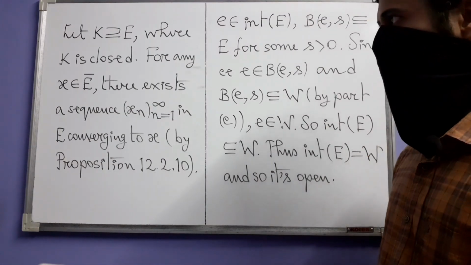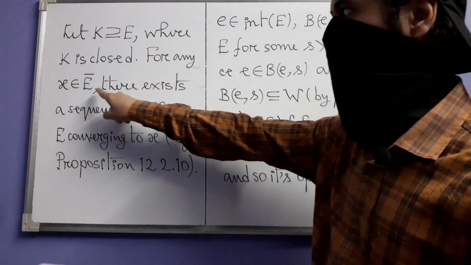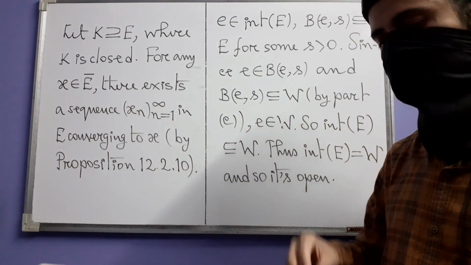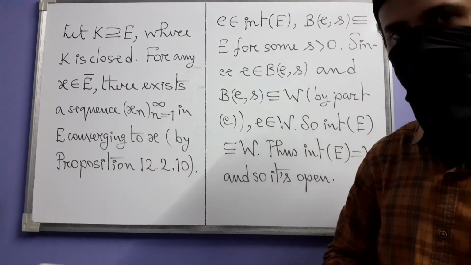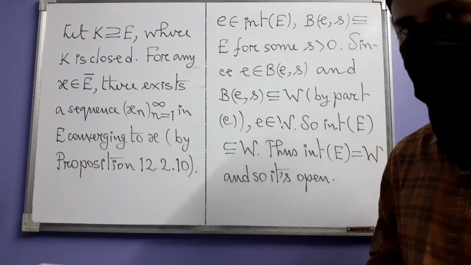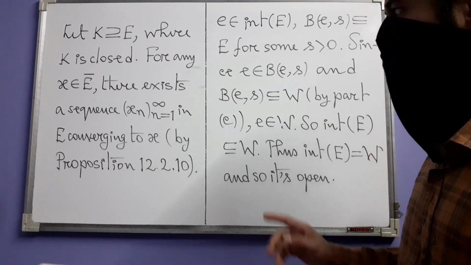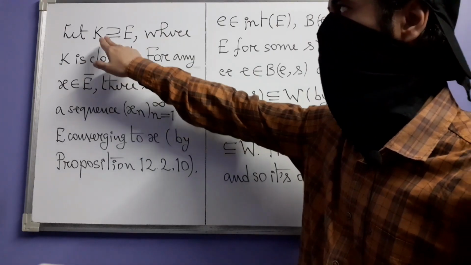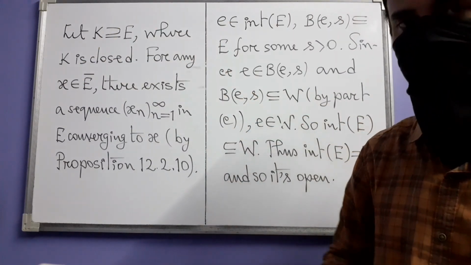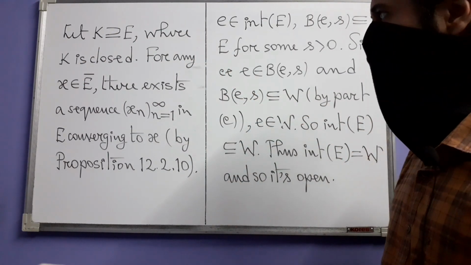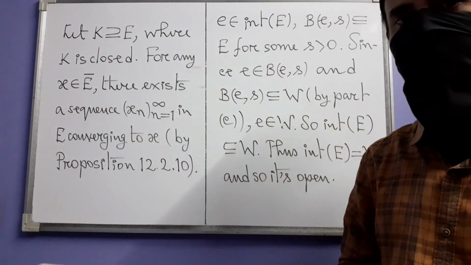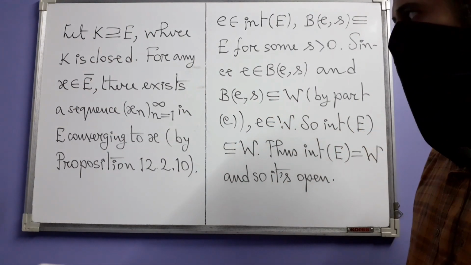Now in this second part, we have to prove that the closure of E is the smallest closed set containing E inside of it. Okay. So for that, what we do, we take a closed set K which contains E inside of it. Alright. And then we take any point x in the closure of E, E bar.